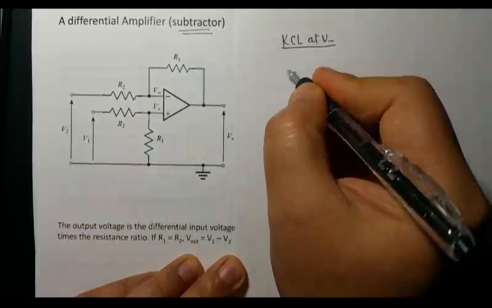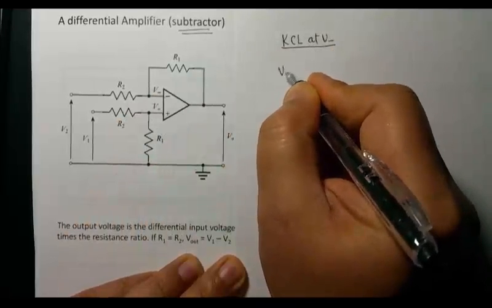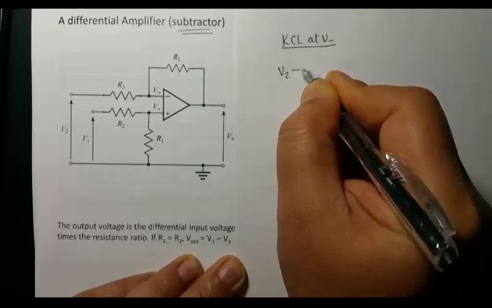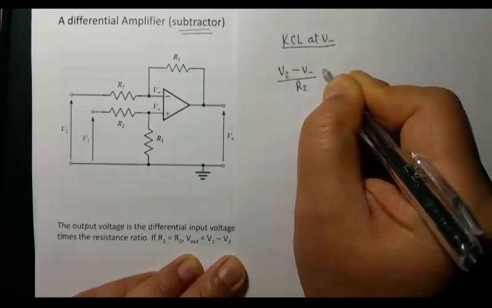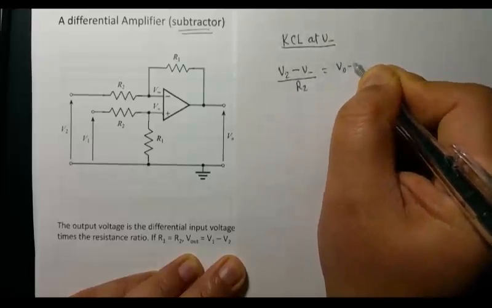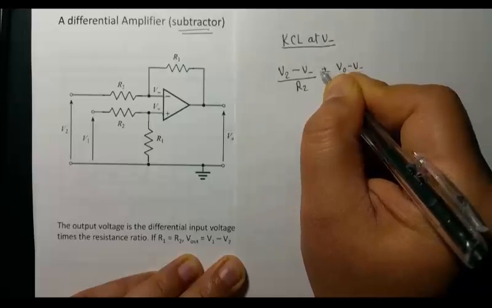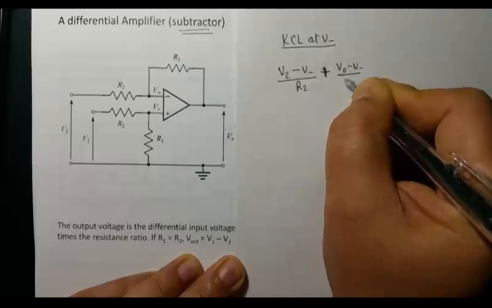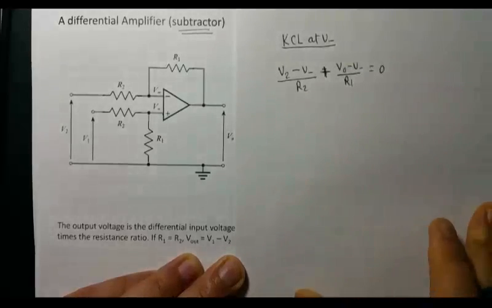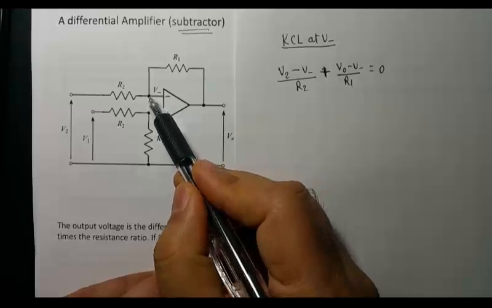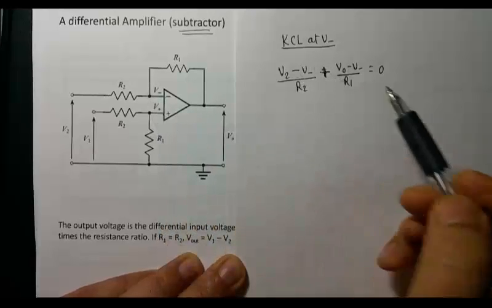So that's gonna give you V2 minus V negative divided by R2, right? Plus V out minus V negative divided by R1 is equal to 0. So I just applied KCL at this node, right? That's going to give you this.